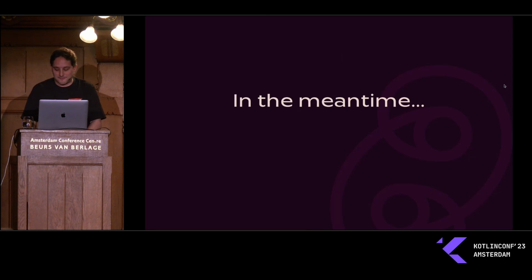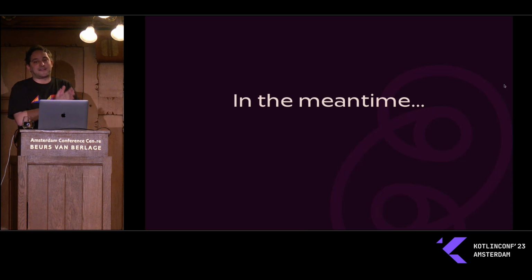So in the meantime, you've maybe seen that from the beginning of this presentation, I've shown you Kotlin code and Swift code. And no, I haven't manually written the Swift code that corresponds to my Kotlin code. So how can I take Kotlin code and provide Swift code to iOS developers?